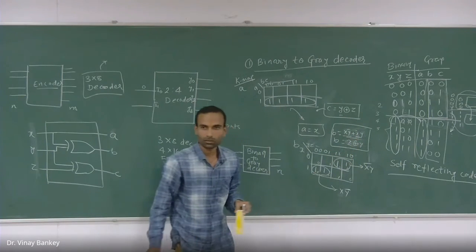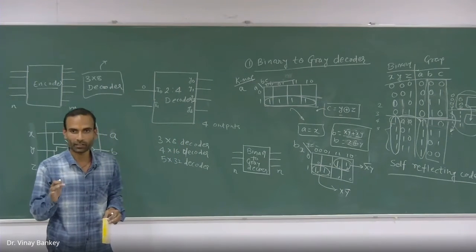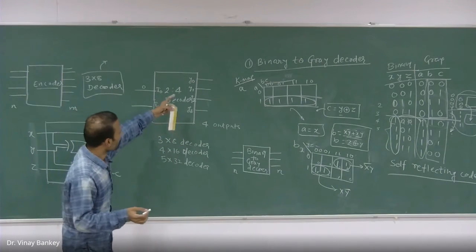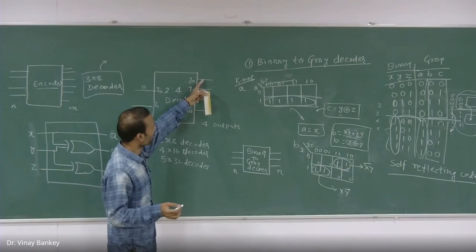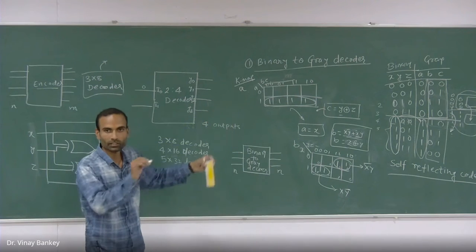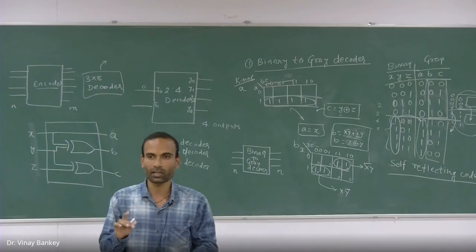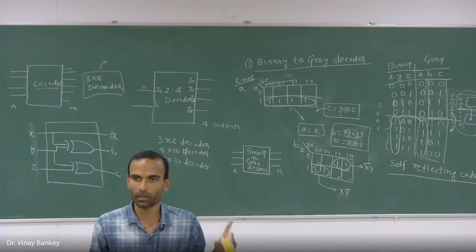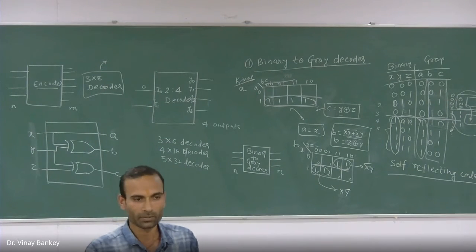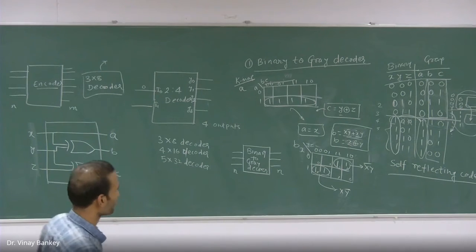So what you need is only OR gates, 3 OR gates, and then you will connect the corresponding outputs of this 3x8 decoder to those OR gates, and you will implement. So you will need one 3x8 decoder and 3 OR gates to implement binary to gray representation for 3 bits, isn't it? Okay.